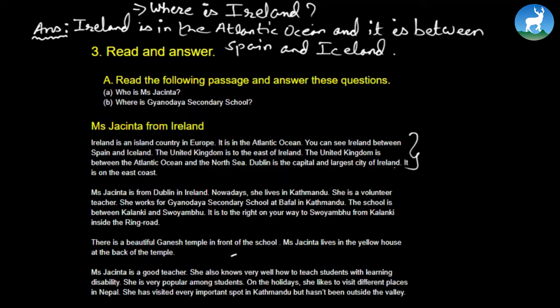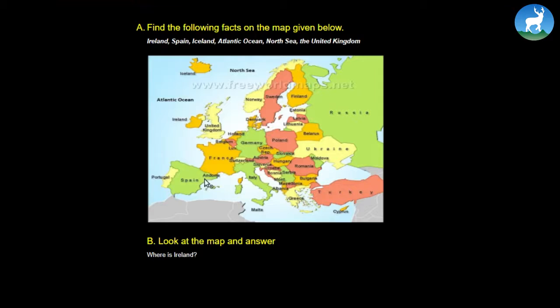Now, in case you want to know more, let's compare this to our picture here again. I'll again bring that picture forward. See, what we had written was, it is between Spain and Iceland, right? So right here between Spain and Iceland is Ireland.